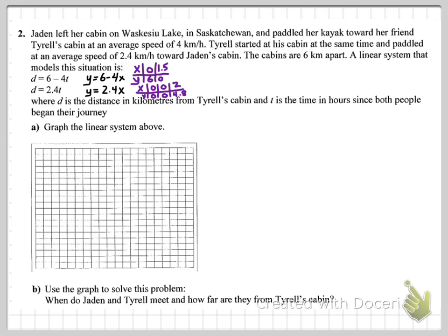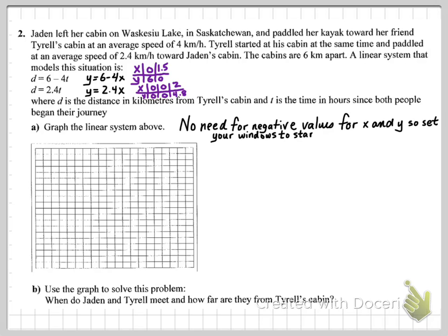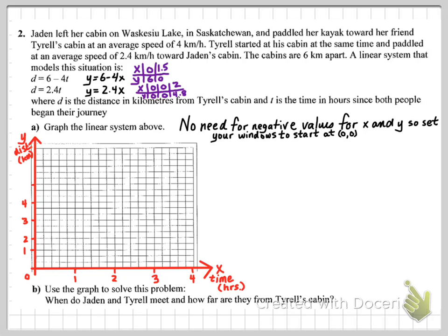Now the other thing about this graph is there's no need to plot negative values because distance and time both start at 0. So we're going to plot our points, putting time along the x-axis, distance along the y.